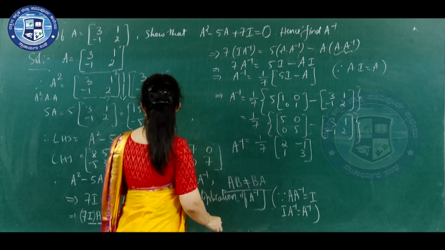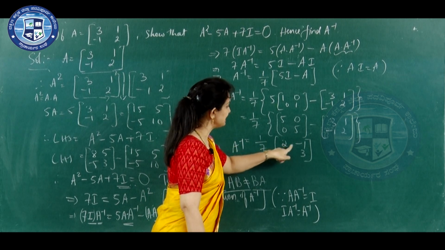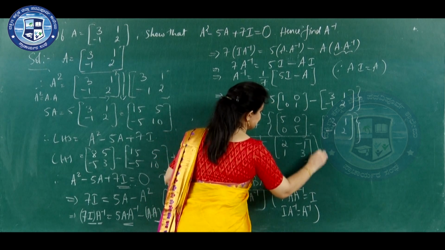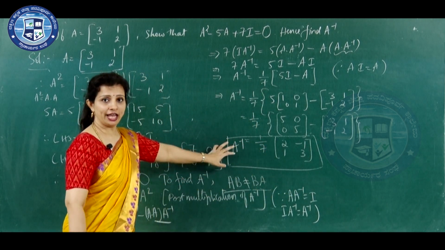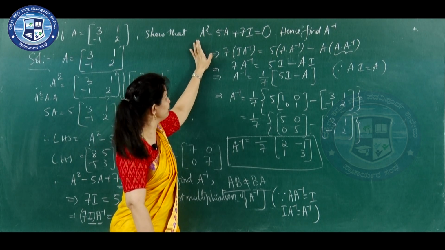Therefore, A inverse is equal to 1 by 7 into the matrix 2 minus 1 1 3. This is the answer.